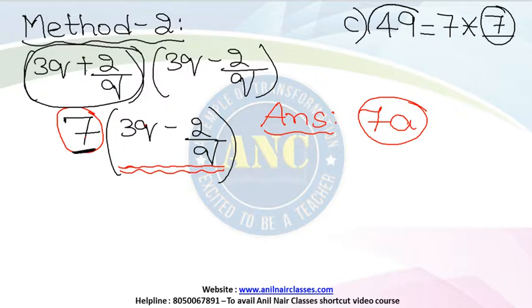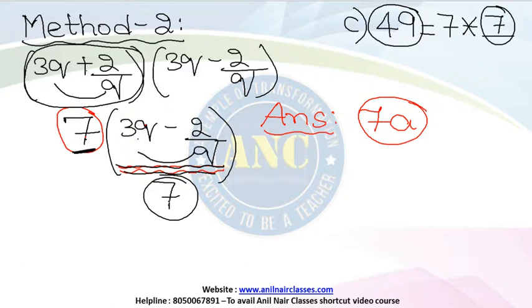If I choose the third option as 49, then 3q minus 2 by q also will become 7 only. That means, think logically, the sum of two numbers is 7. The difference of same two numbers, can it be 7? No, it cannot be 7, sir. The sum of two numbers, if it is 7, the difference of the same two numbers cannot be 7. So, option C is also ruled out. The only option other than the three options which I eliminated, the only option which is satisfying right now out of the given options is 35.